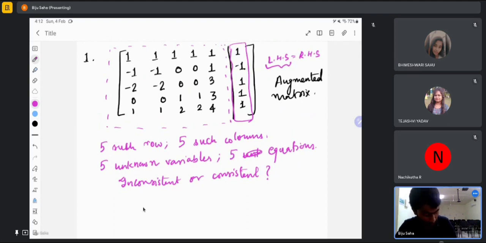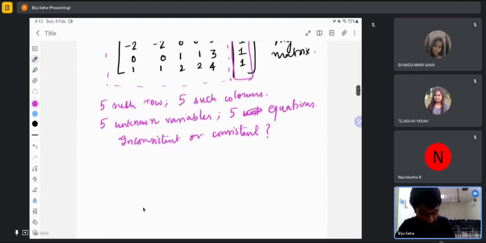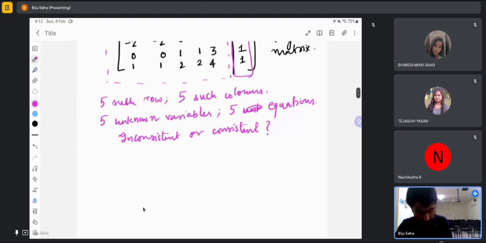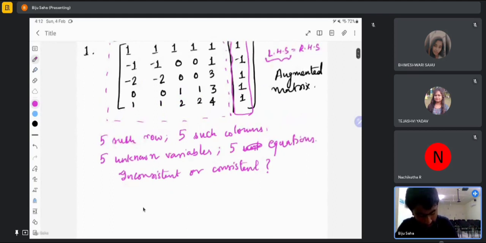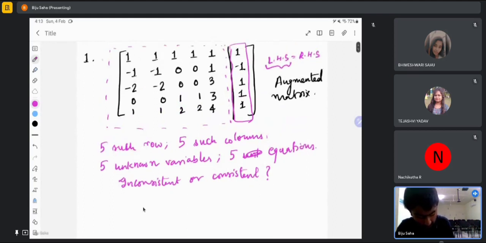To reduce it into the row reduced form, there are several row operations, which were discussed in the last class. The leading row should contain 1. Obviously the first element of the first row is itself 1. Now my job is to make all other elements present in that column equal to 0.